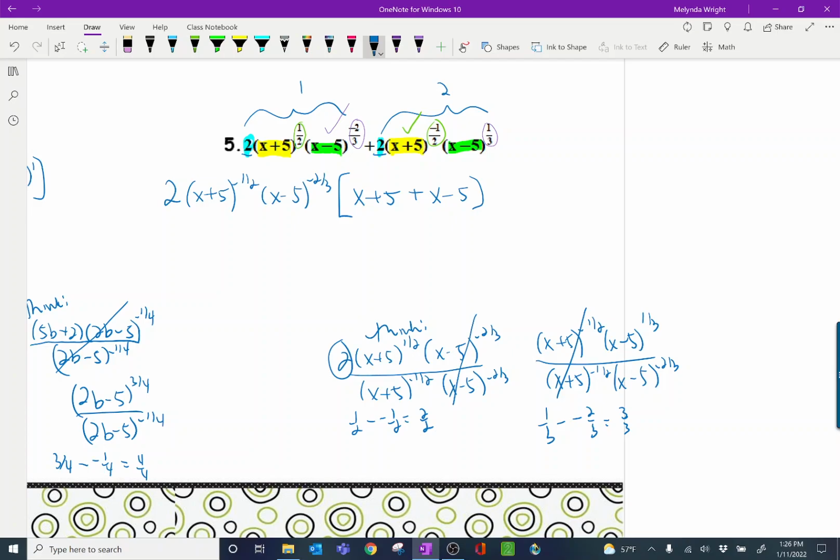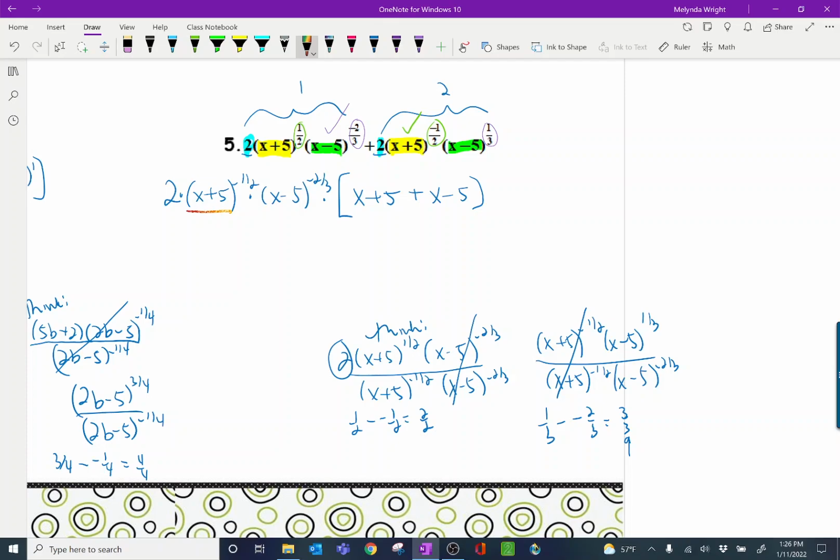All right, so you might be wondering, does it always turn into 1? Not always, but these are very nice. They are turning into an exponent of 1. Okay, so let's clean this up a bit. We've got this x plus 5 plus x minus 5. We can combine like terms in there. These are all attached by multiplication, so I am allowed to take this and move that down to the denominator.